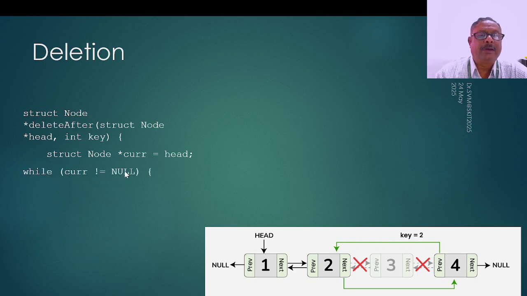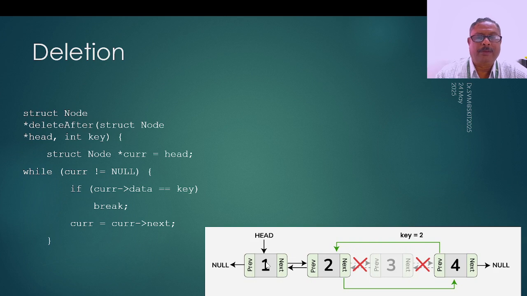If the current is not null, then look at it. Is the data in the current equal to the key? So this current, we begin with the head. Is this not null? Yes. Then we go in and see, is it equal to key? No. If no, then go to the next one. If yes, stop there.